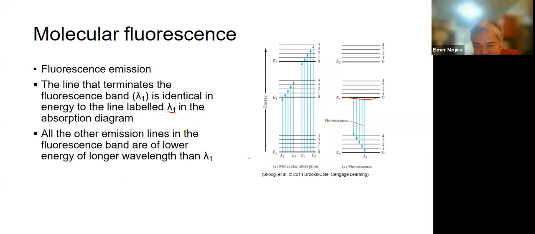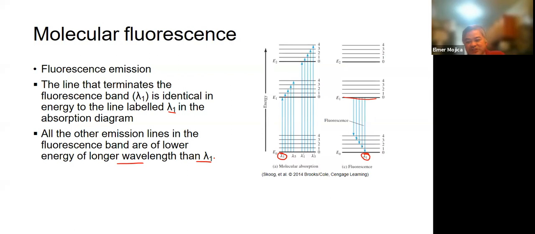See this one here? This is a line with this one, and this one is a line with that one, and so on. All the other emission lines in the fluorescence band are of lower energy, of longer wavelength, than that wavelength.